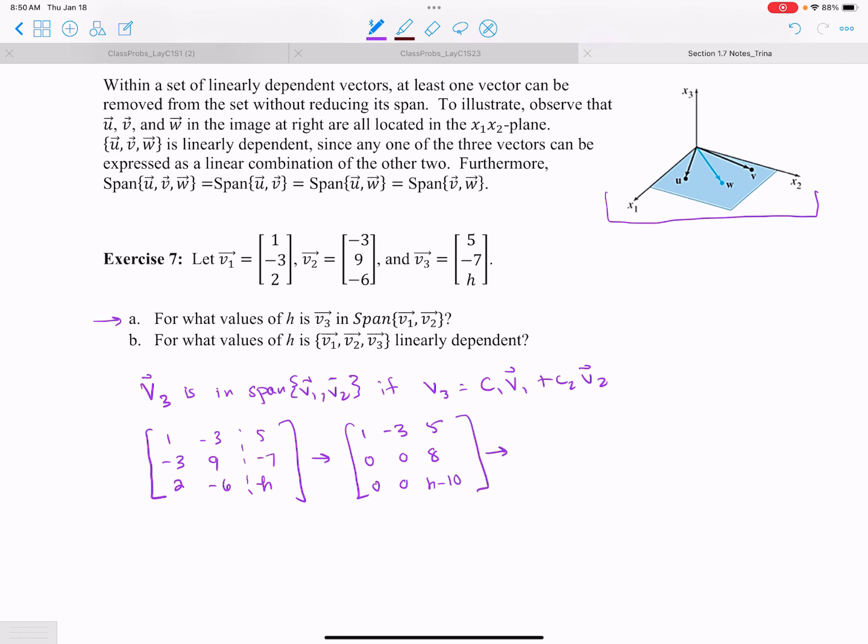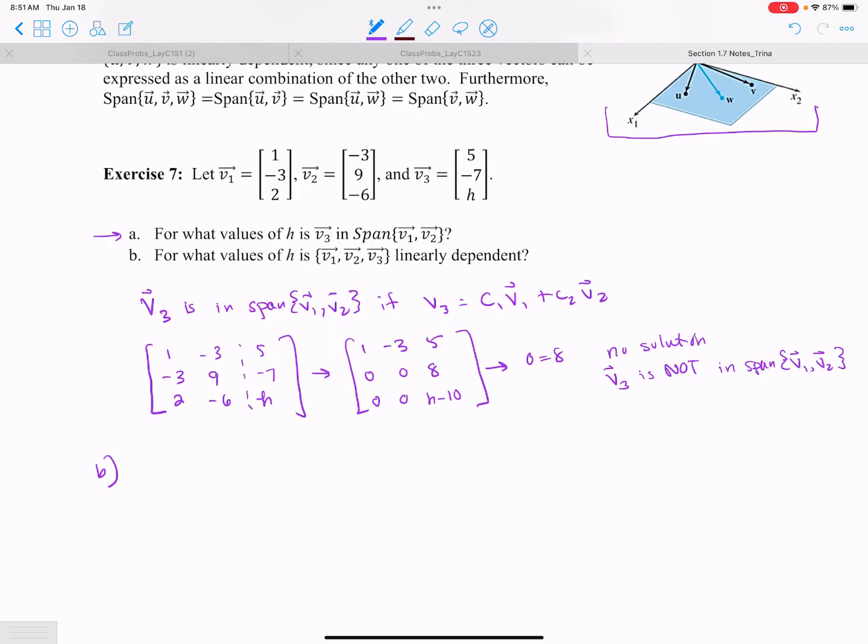This second row tells me that 0 equals 8, so no solution, which tells me that V3 is not in the span of V1 and V2. Part B wants to know for what values of H is V1, V2, V3 linearly dependent.